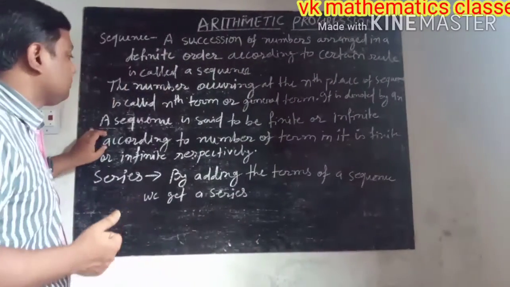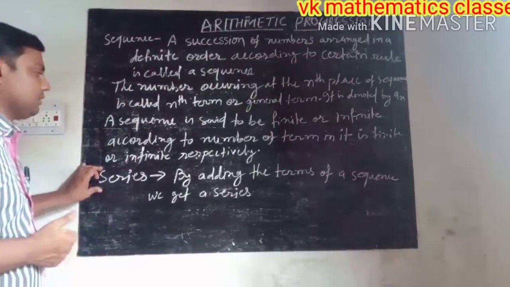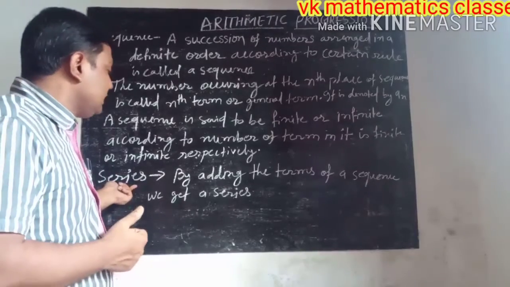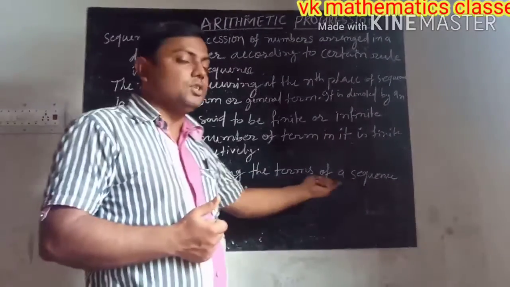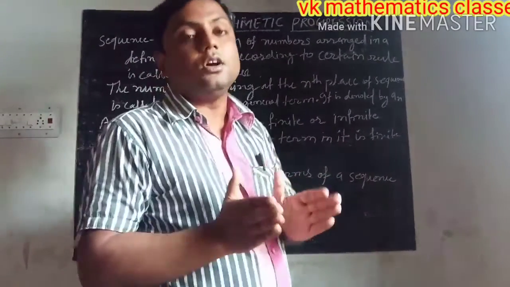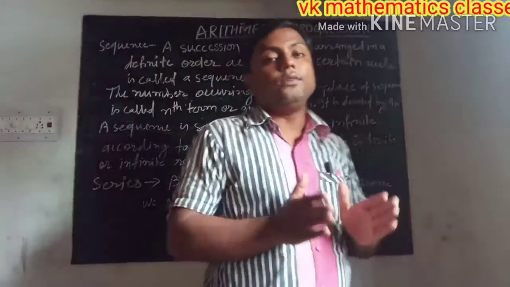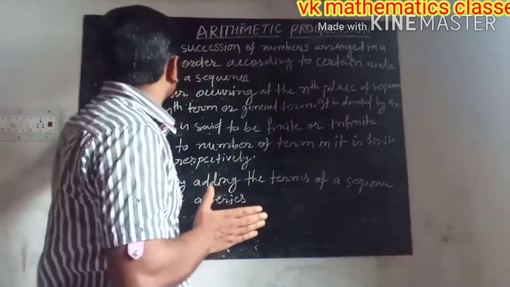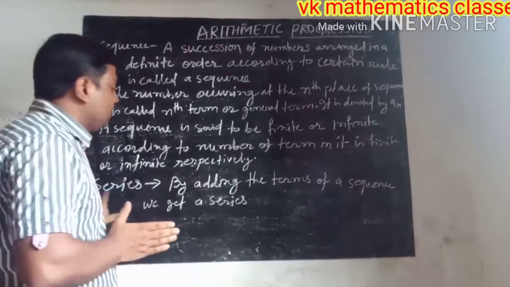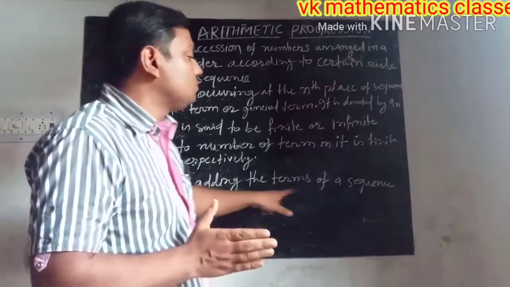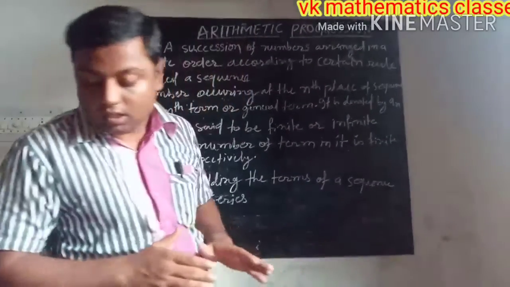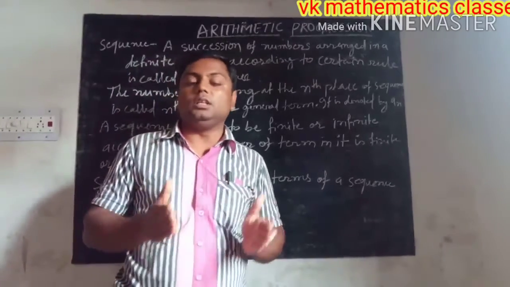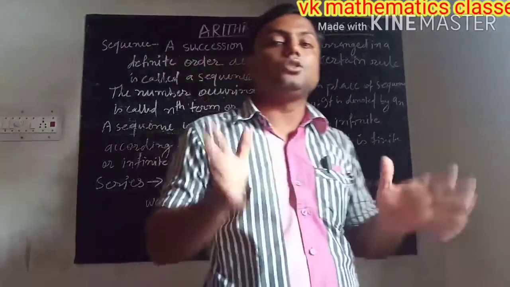Now the other term: series. A series is formed by adding the terms of a sequence. Suppose a sequence 2, 3, 4, 5, 7 and so on.